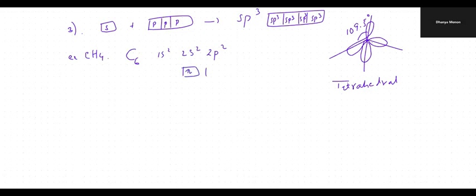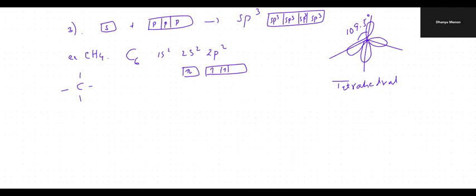Now carbon has to form how many bonds? 4 bonds, right? There are only 2 unpaired electrons. So what can happen? It cannot undergo hybridization like this. It has to have unpaired electrons, right?